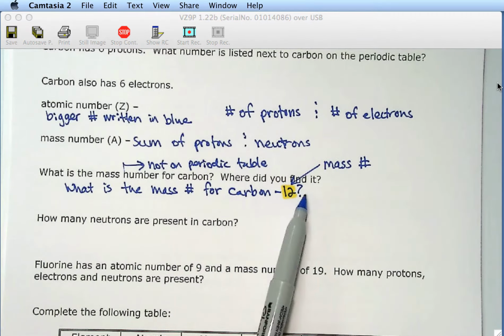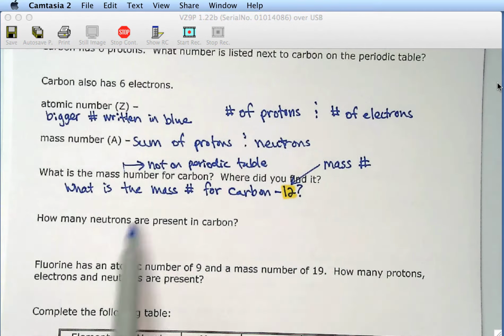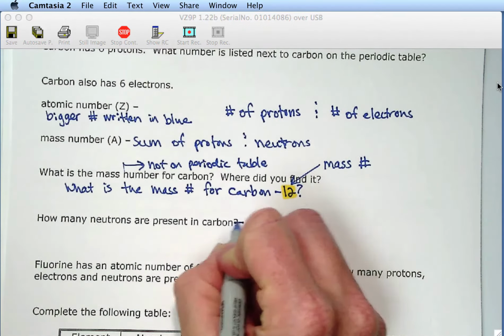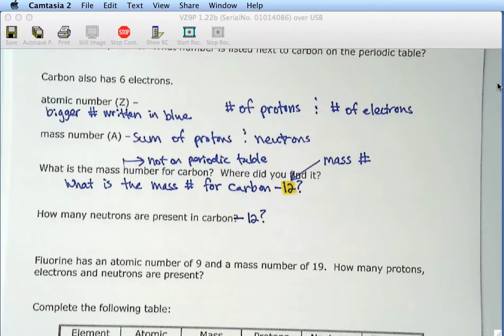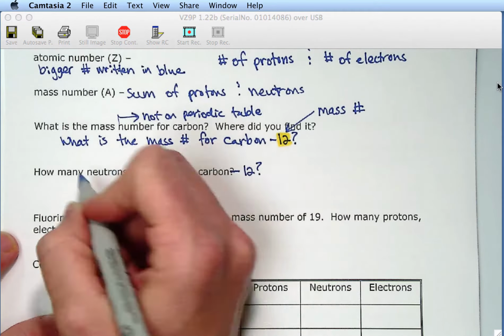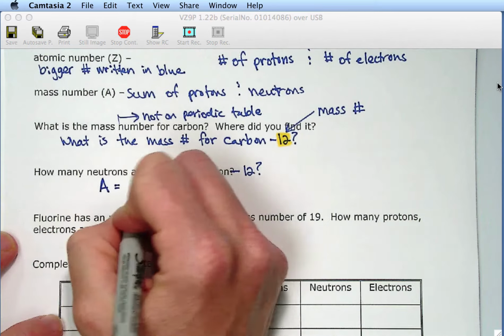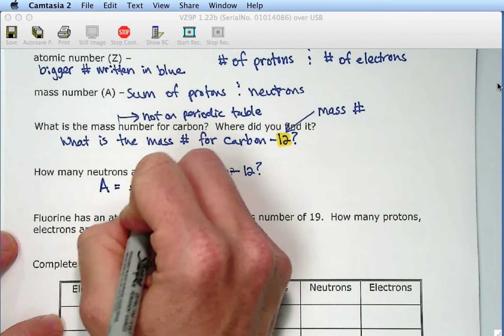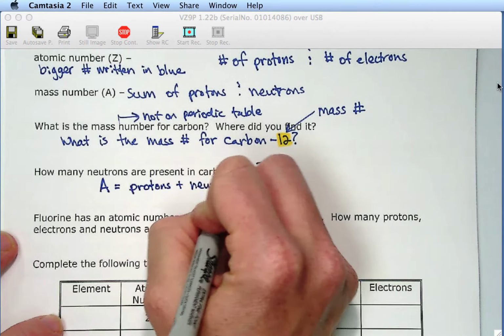So from this, now you can figure out how many neutrons are present in carbon 12. So if I have the mass number, so remember that mass number, which is A, is the sum of the protons plus the neutrons.